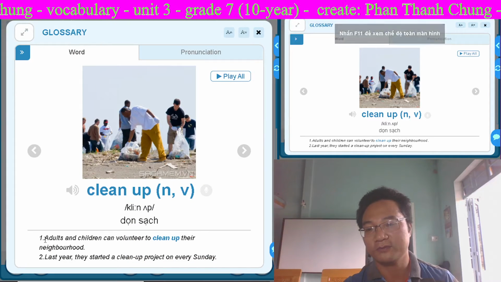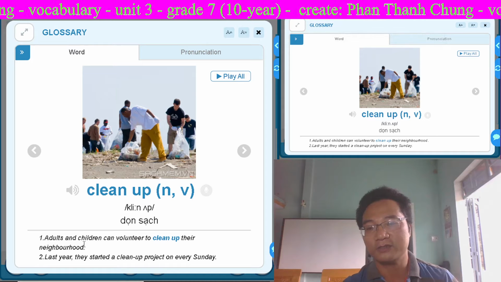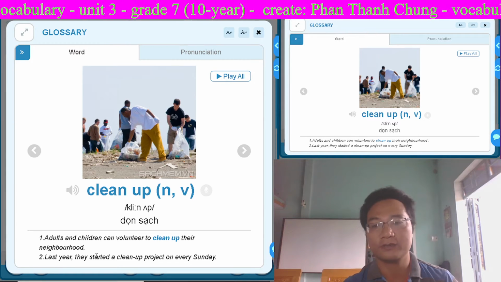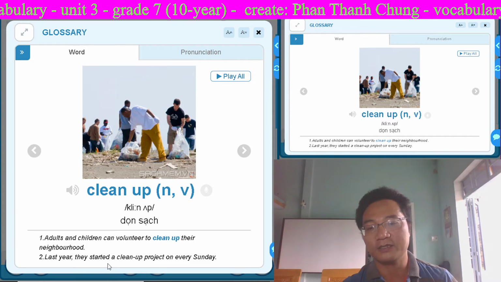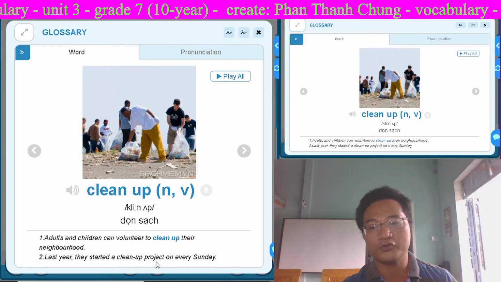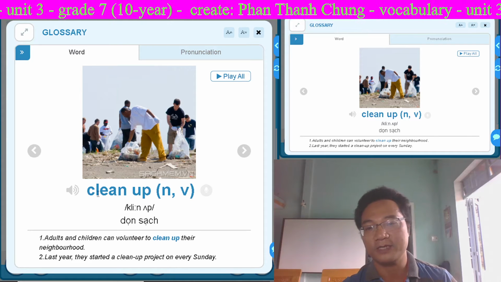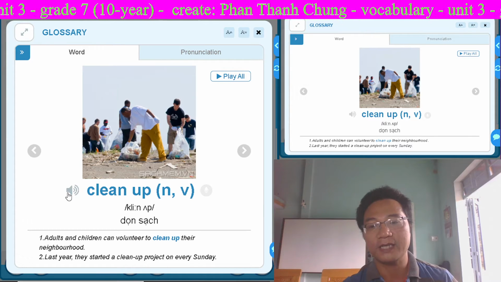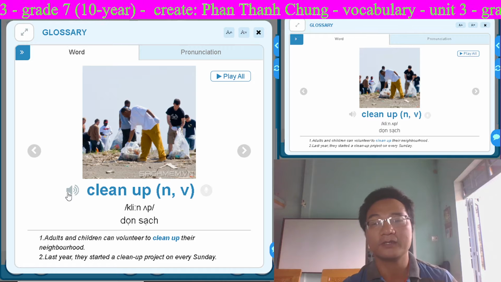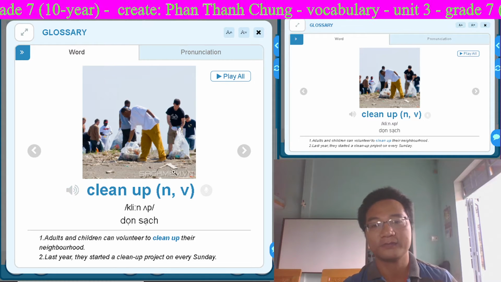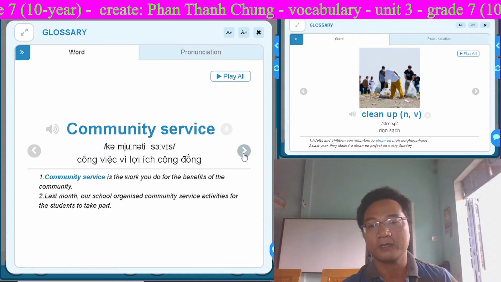For example, adults and children can volunteer to clean up their neighborhood. Last year, they started a clean-up project on every Sunday. Say so. Clean up, dọn sạch is a noun and a verb. Go on.